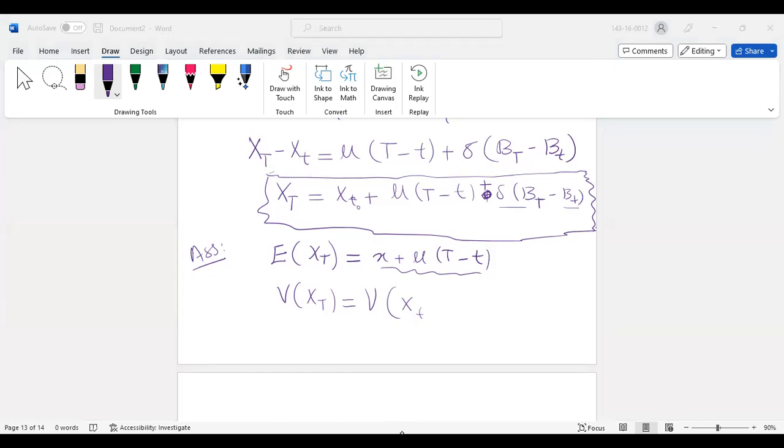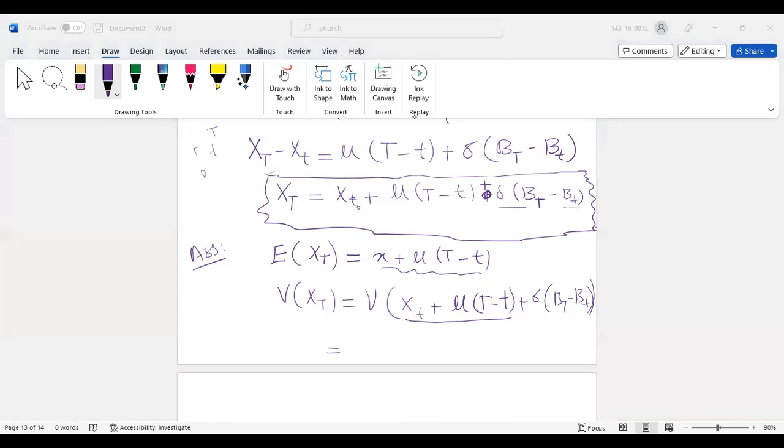You're getting me why? Because I have integrated from t to capital T. If you integrate from 0 to t, this was x naught basically. So in that way it is kind of constant. If you apply that to this bt minus bt and then take the variance, I told you last day one property of variance that it eats up this constant thing.